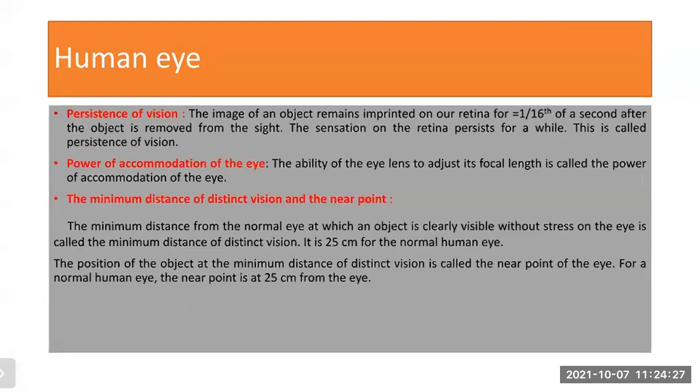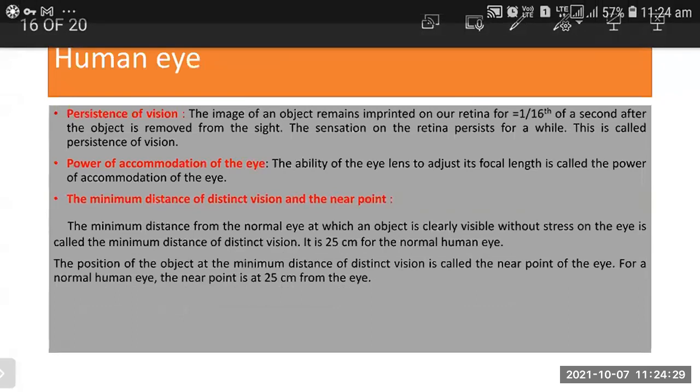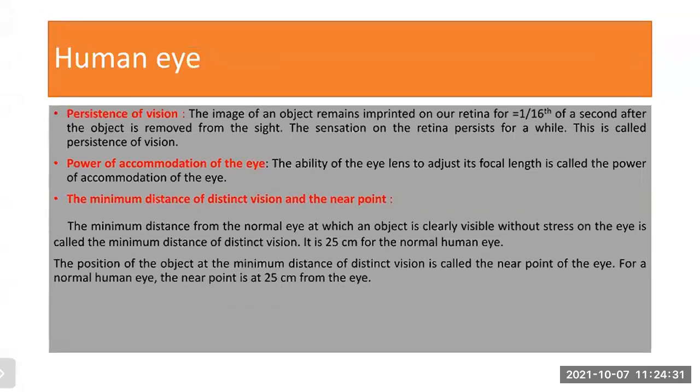Okay. Then afterwards we have persistence of vision. Now, what is the persistence of vision? The image of an object remains imprinted on our retina for 1/16th of a second after the object is removed from the sight. So the sensation on the retina persists for a while.